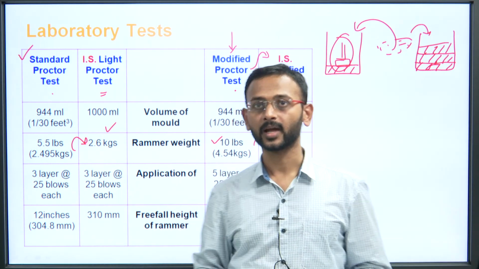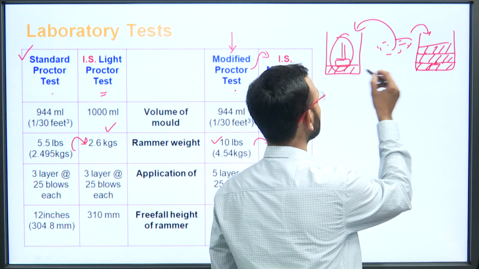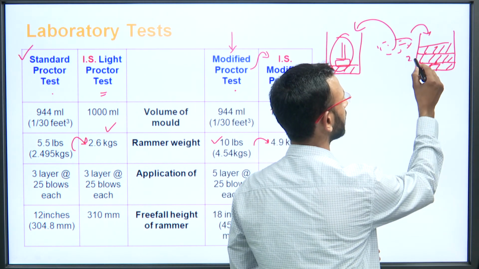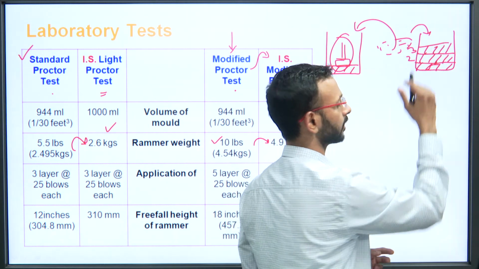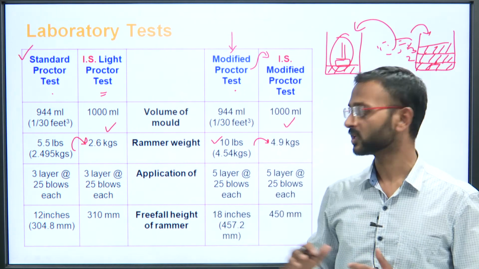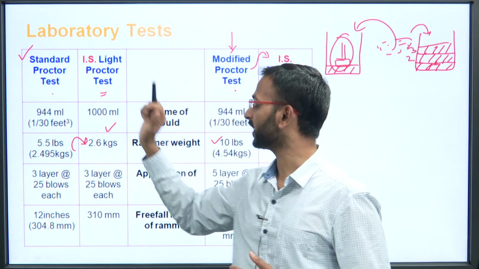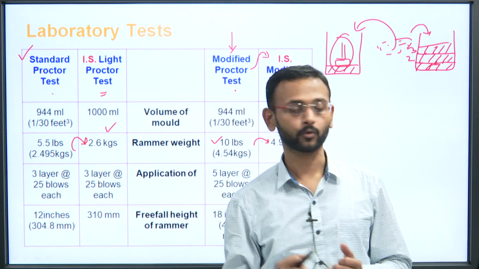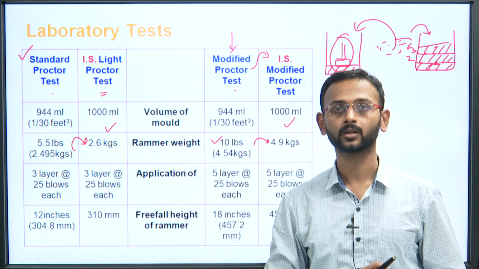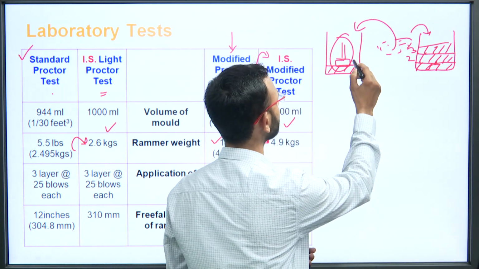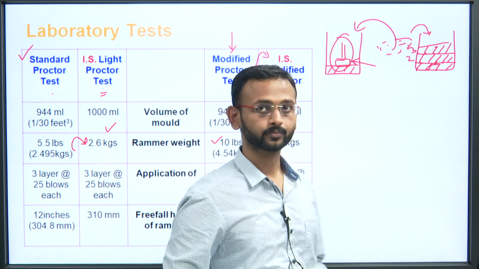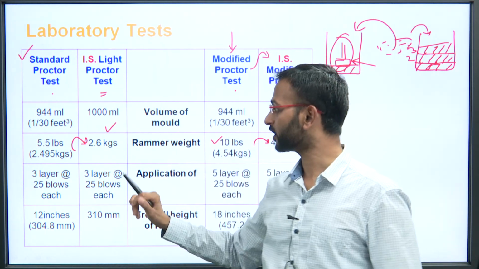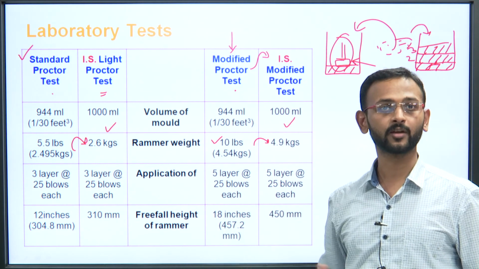Now, like I have shown you in this figure, the first layer is there, then you compact it, then you put the second layer and compact it, and then you put the third layer. So, this is a very simple process for the light Proctor test. Here 3 layers are provided, and for each layer 25 blows are given. In the Indian standard light Proctor test also, it is 3 layers at 25 blows each.